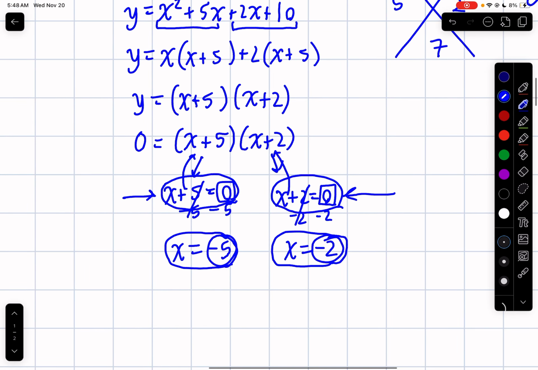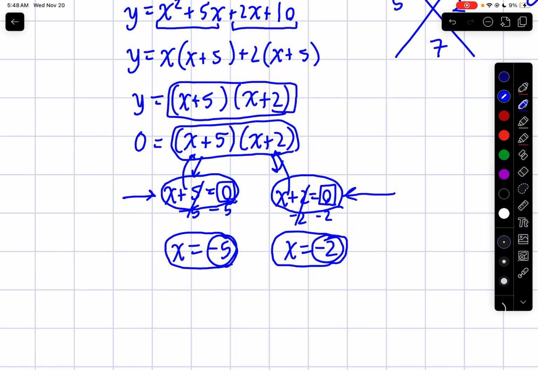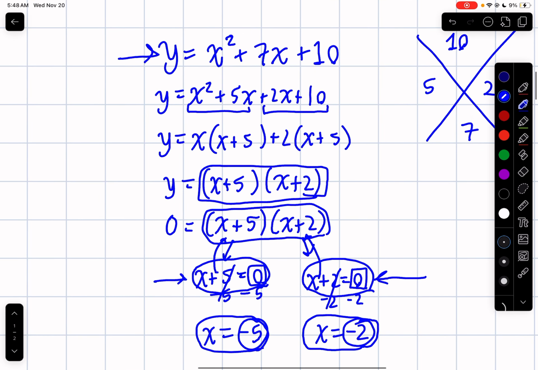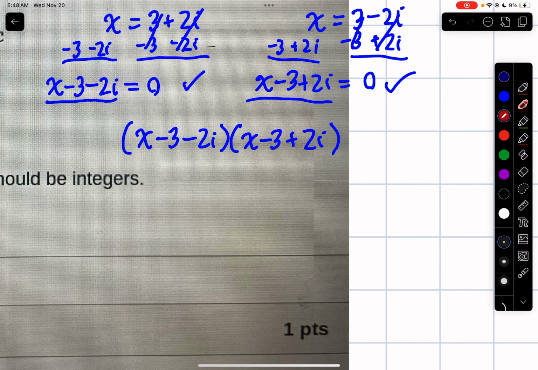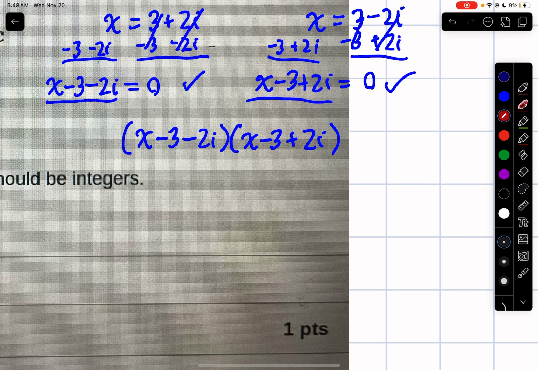And then where did I go from there? Let's see. It looks like to go backwards from factored form into standard form, I've just got to double distribute. And in this case, I've got to triple distribute. So I'm going to color code because I think that's going to be the easiest for me to know what arrows mean what. So here I've got x times x, which gives me x squared.